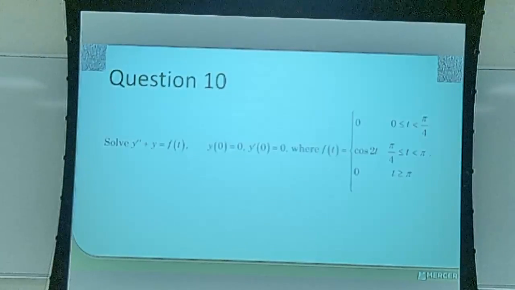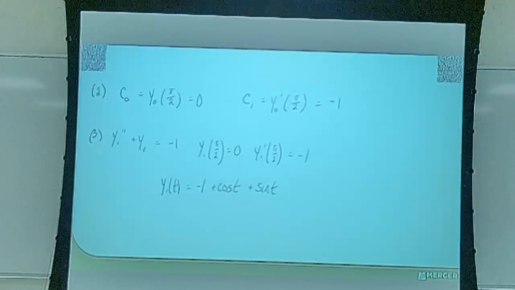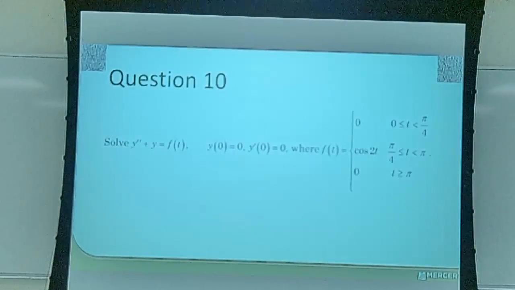In other words, your third piece, you have to solve y2 double prime plus y2 equals 0, the third piece, where your initial conditions are determined as we did before: y1 of pi and y1 prime of pi. So do it both ways and see if that works. That's your challenge.